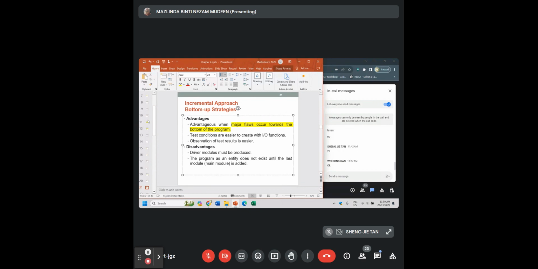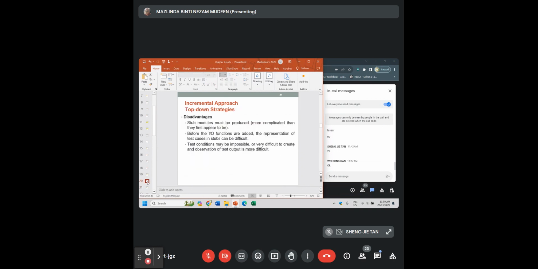Now let's see the disadvantages of the top down strategy. Of course, if the code is not completed, for top down we must produce the stub, because we need to replace the lower level code so that the main module can call it. It will be much more complicated than it first appears.